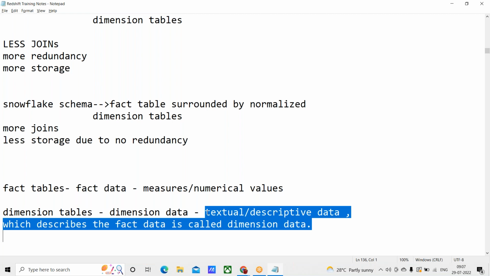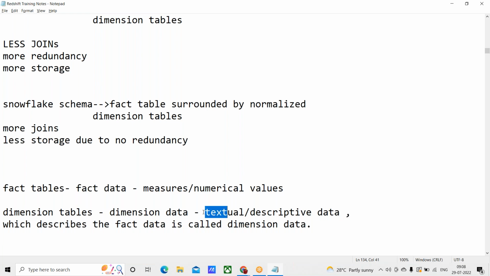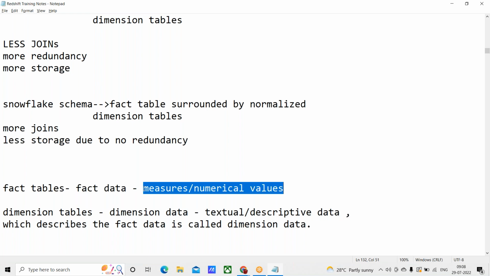Now we know about fact data, which means the fact table, because this data is stored in a table. And dimension data or dimension tables: textual or descriptive data is called dimension data. Numerical values or measures are called fact data.